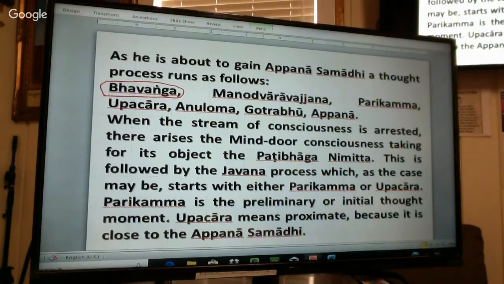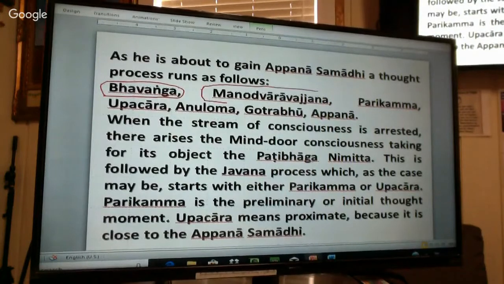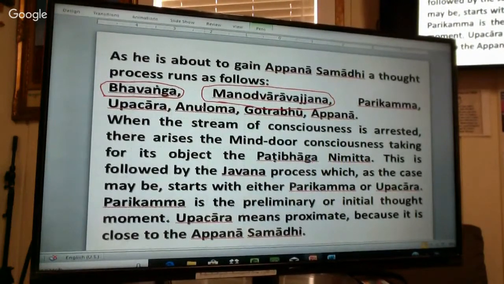So the bhavanga is a life-continuum consciousness continuously at the time. When we practice meditation with the object, the paribhaga nimitta object, at that time manodvara, very powerful concentration power, manodvara javana is working with the concentration, taking that particular paribhaga nimitta very closely.